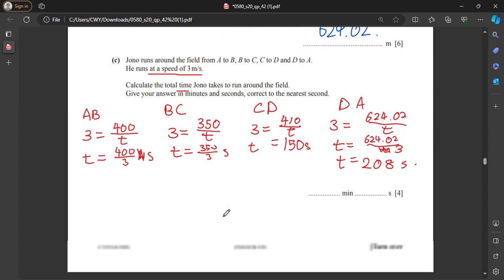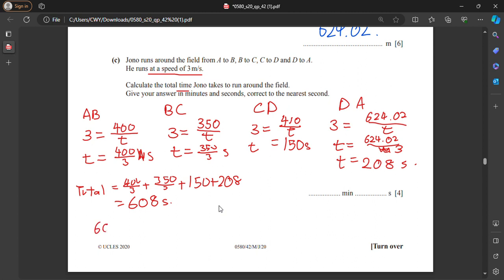Okay, so I can say total is you take A plus B, 400 over 3 plus 350 over 3 plus 150 plus 208. That is 608 seconds.